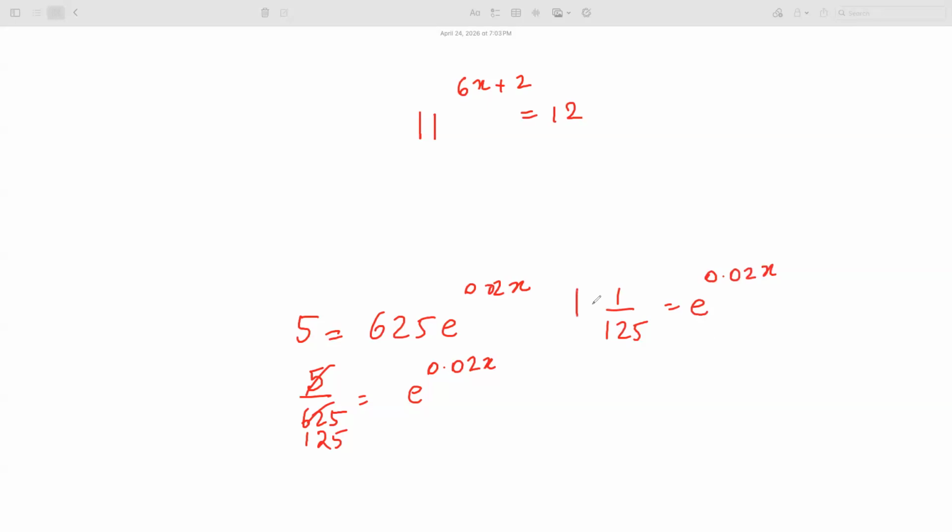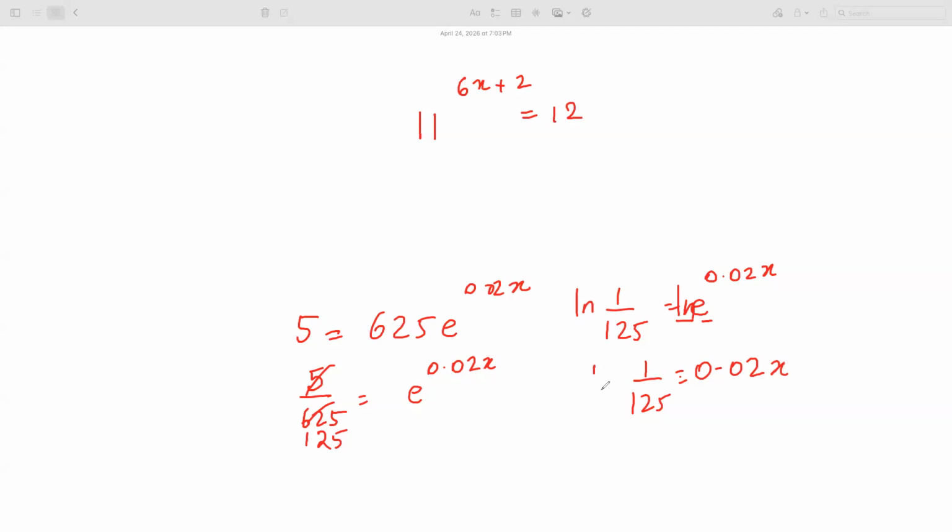Now take ln on both sides. The e power and ln cancel out each other. This will become 0.02x will be equal to ln of 1 by 125. Does that sound good?